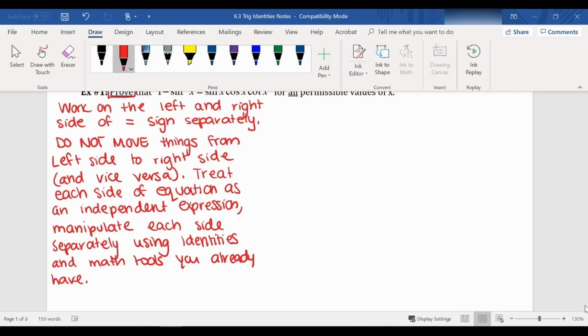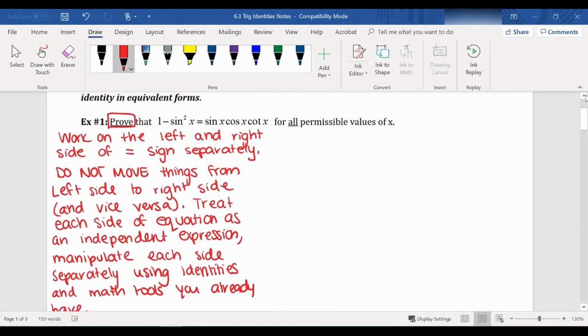Okay. So we're going to go through a couple different scenarios of tools you will need to be able to do these proofs. So each example is going to have a separate set of tools you will need, and I've tried to include each type possible in these notes. Okay.